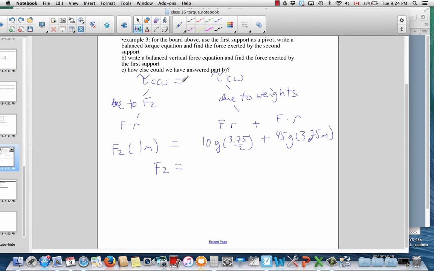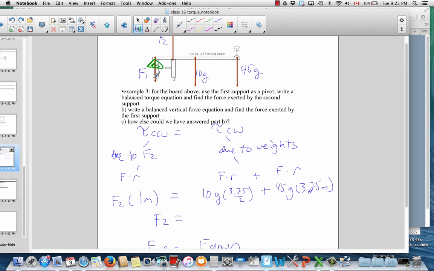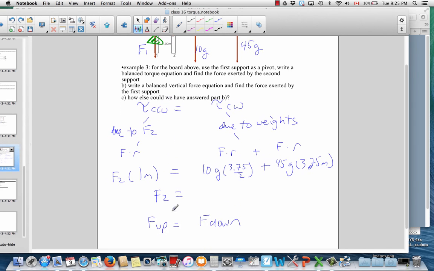Once we do that, we can say balanced vertical forces, so forces up have to equal forces down. The upwards force is just F2, and that has to be balanced by the 3 downwards ones. Although F1 didn't appear in the torque equation, because it's right at the pivot point that I picked, it does appear in the force equation.